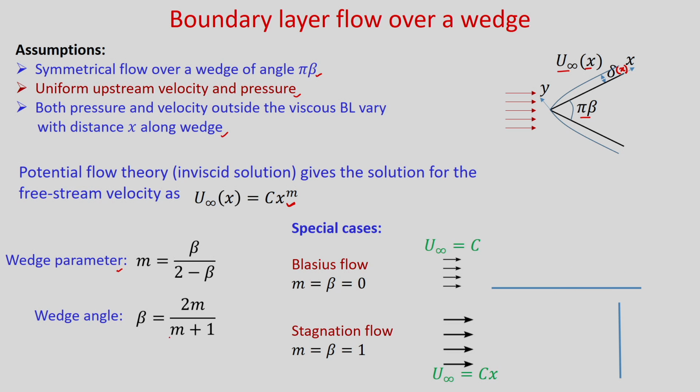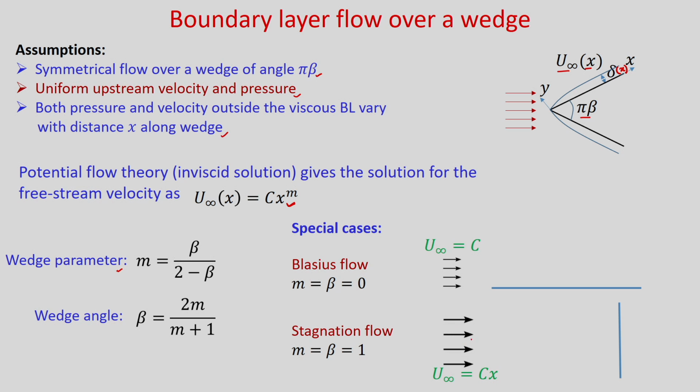Another case you consider where beta is equal to 1. If beta is equal to 1, here you can see that m will become 1, and that means this will be pi angle, right. So, that means it will be a vertical flat plate. In this case if m is equal to 1, then velocity will become c x, so u infinity will be c x.